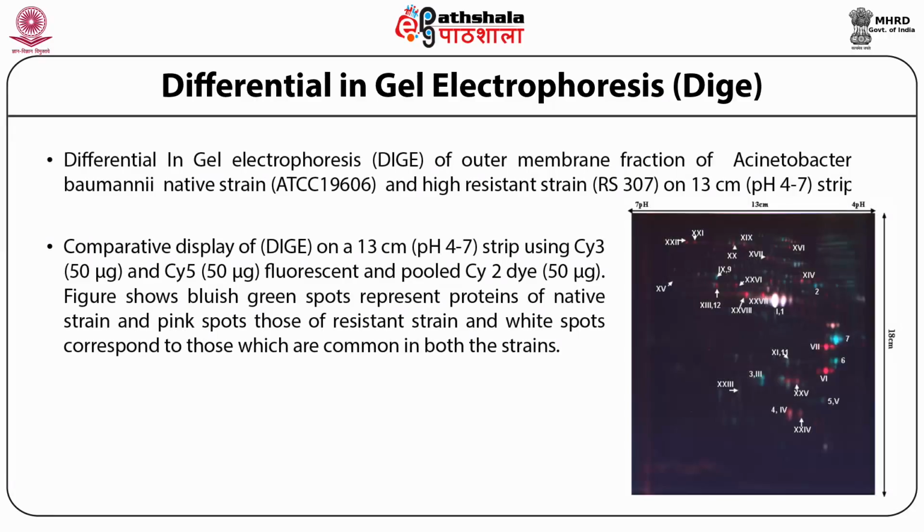The gel image shows the overlap of all three dye-labeled proteins, and from this you can see which proteins are differentially expressed and which proteins are common in both. These images were further analyzed using DeCyder software.